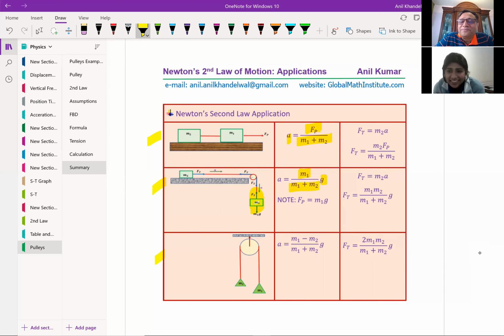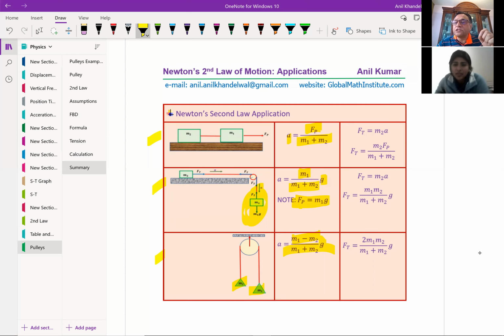Because the force applied now, Fp, is M1g because of gravity on this hanging object. In the third case, again it is mg, but the net mass effect is that there are 2 different masses on the other side. So it is M1 minus M2. You still multiply by g because gravity is still acting on it. Divided by M1 plus M2.